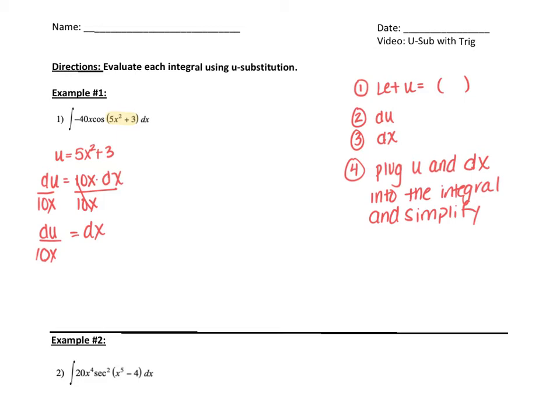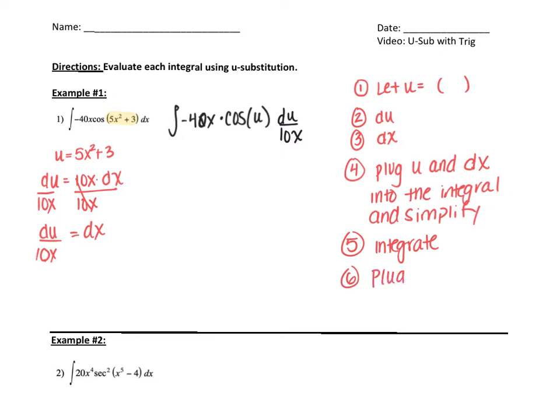So we have our integral of negative 40x times cosine of u this time, and the dx is du over 10x. Then our last steps are integrate and plug the x's back in.